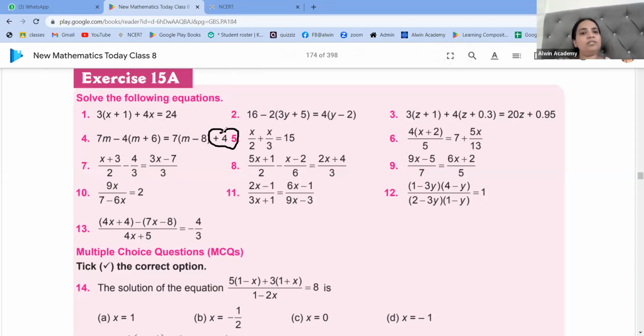That is why your answer is incorrect. Otherwise you are going correct. This +4 you missed in the question, bache. Got it? Yes, ma'am. Okay, so now who wants me to do the sixth on screen?